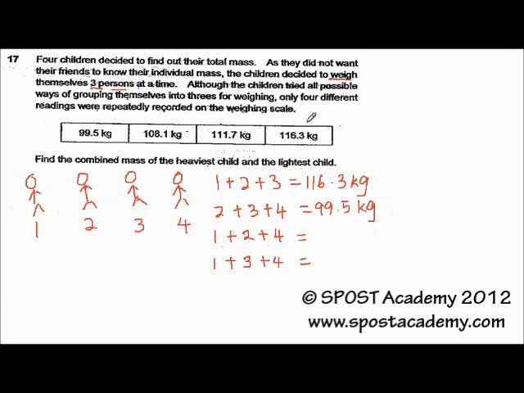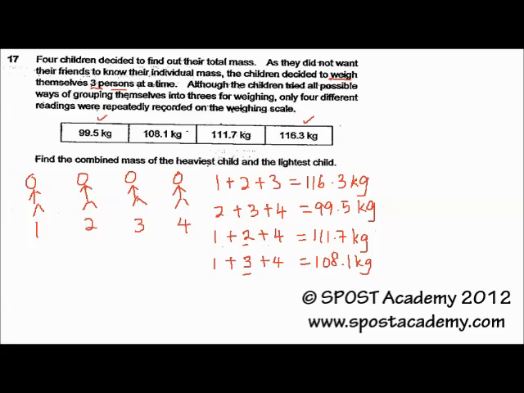We have already done 116.3 and 99.5, so we are only left with 108.1 and 111.7. With the logic that we worked out, this would be 111.7 since it has number 2, which is heavier than 3. And this will be 108.1 kg.